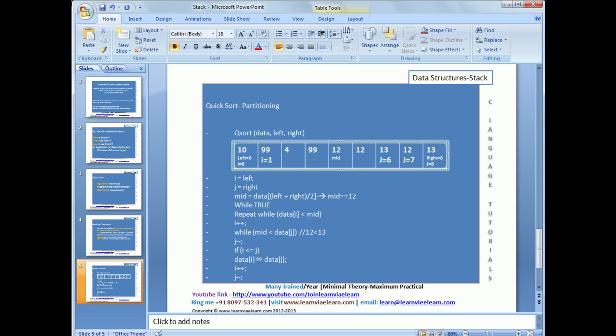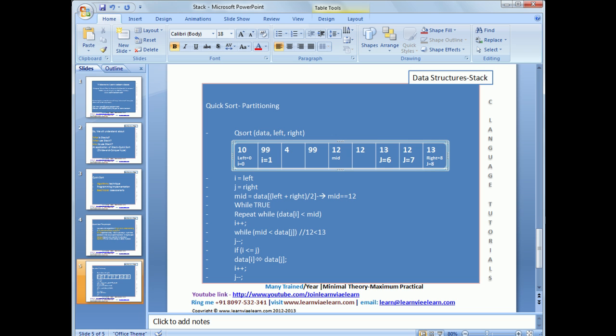In a similar fashion we will move towards mid, and once these conditions get disqualified, that means the value of j won't get decremented further. We will swap the value at j with the value at i, let's say in our case 99 and 13, just as an instance.